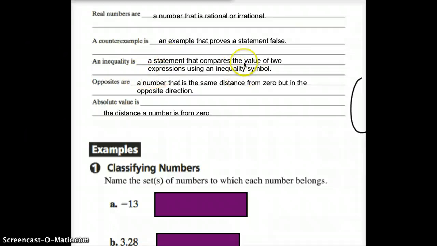An inequality is a statement that compares two expressions using an inequality symbol. These are usually your greater than or less than symbols. Opposites are numbers that are the same distance from 0 but in the opposite direction. And then absolute value is the distance from 0. And this was the one I think a lot of you missed when I had that first week challenge.